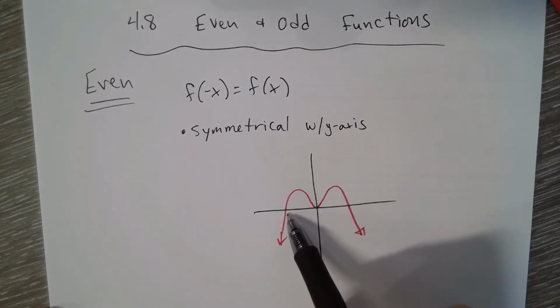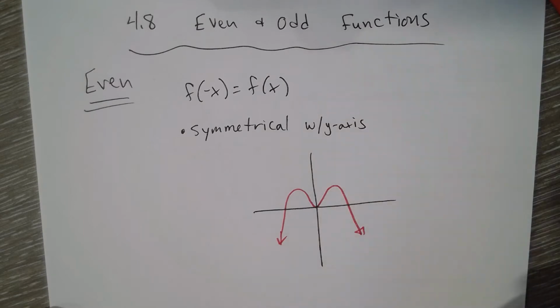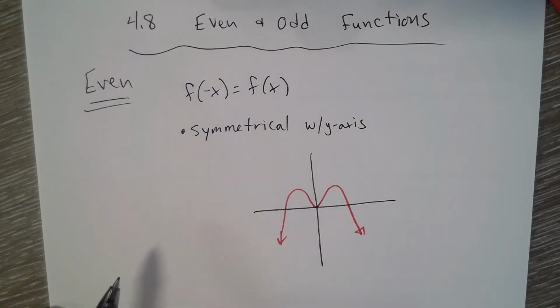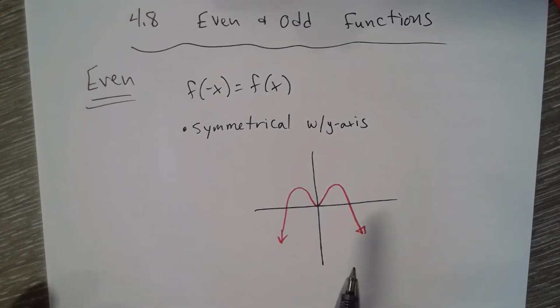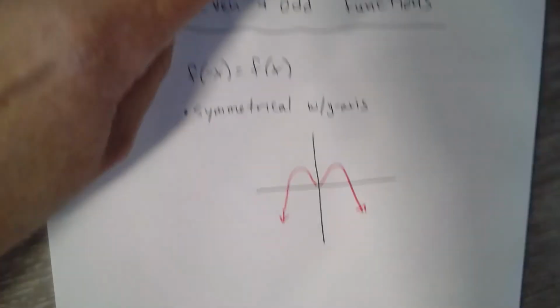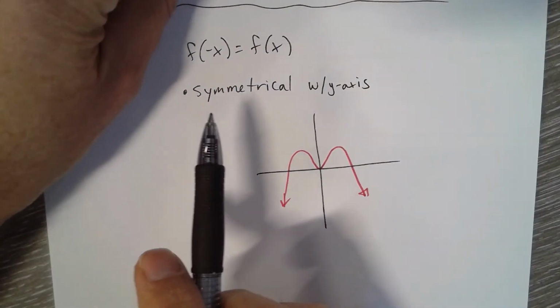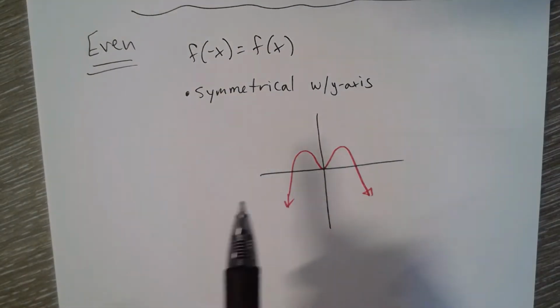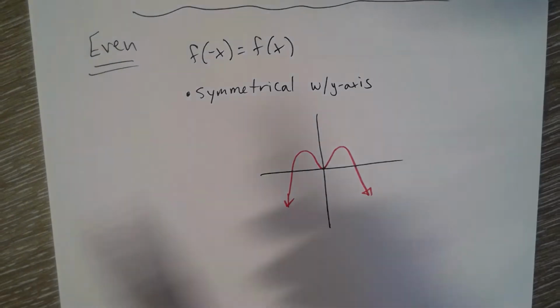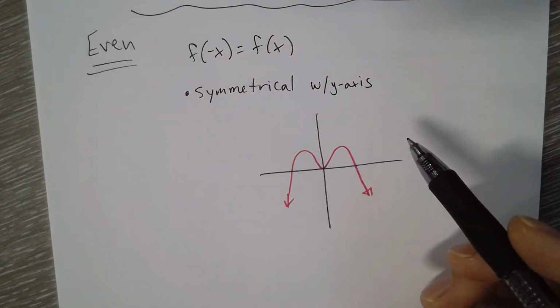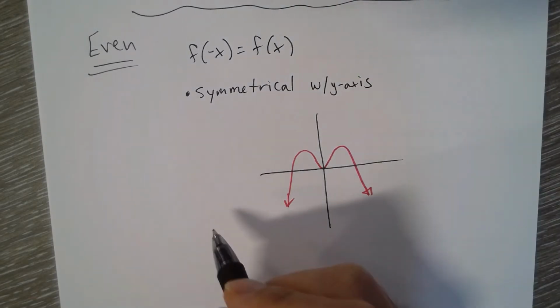If you fold this on top of the y-axis, it'll land on that side. A lot of times you can just look at the graph and it's an indicator that it might be even. You might have to use the definition to verify that it is even, but this would indicate that it's an even function.